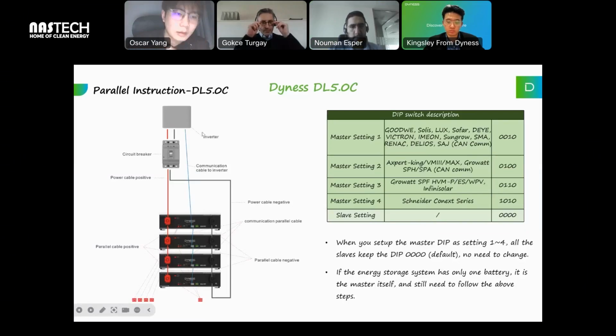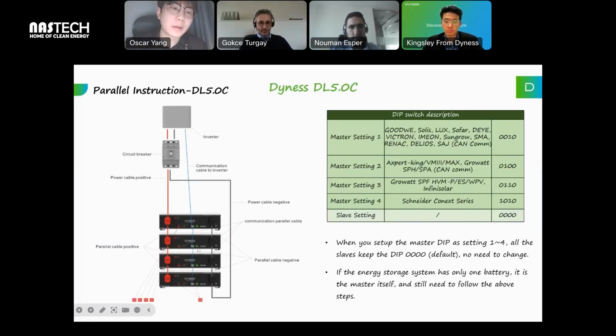What I want to mention is that together with the pack, all the cables will be included: the power cable, the communication cable, and the power line cable, and also the wall mounting brackets.